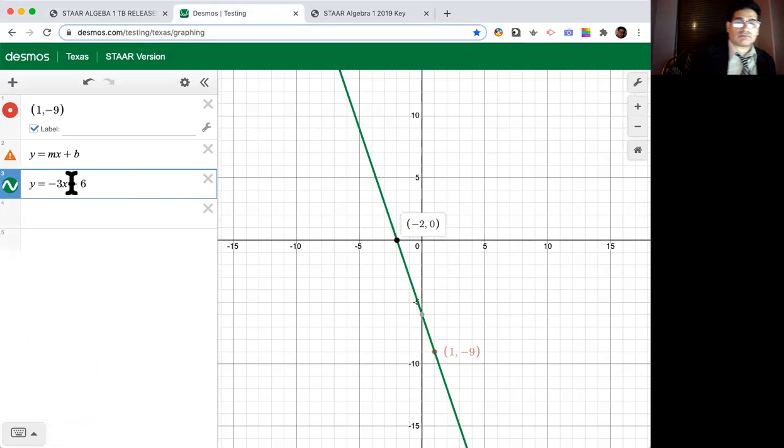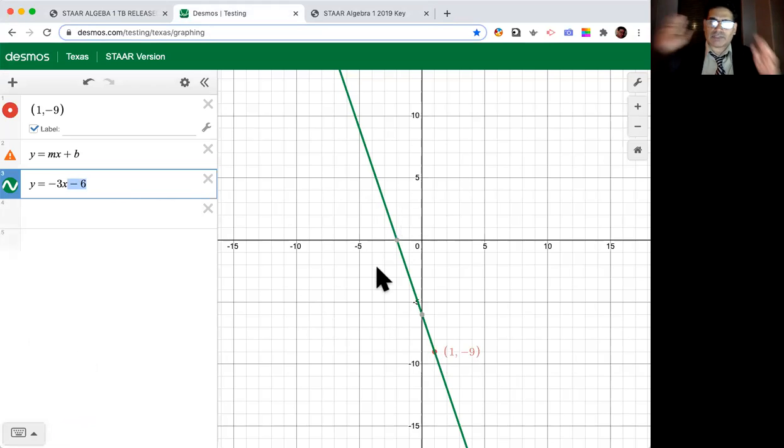I got a -6 that I plugged in, and it touches the x-axis. Remember when you do your parabolas, you get your zeros, your positive and your negative. I'm tempted to put -6, but it touches my zero at (-2, 0). It touches my x-intercept.